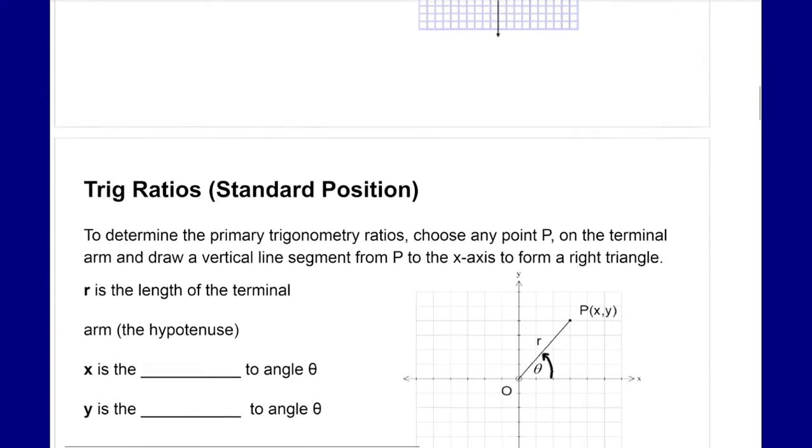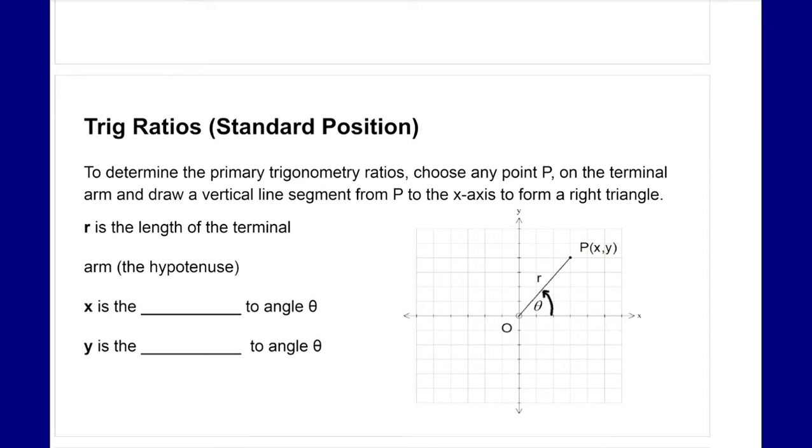So when dealing with trig ratios, any point on the terminal arm, right, so the terminal arm is the one that's rotated out, where the angle's formed to. Any point along that terminal arm, we can draw a vertical line straight down to our x-axis.